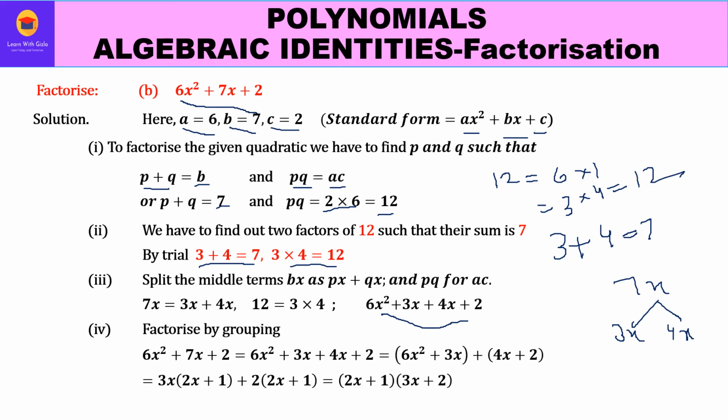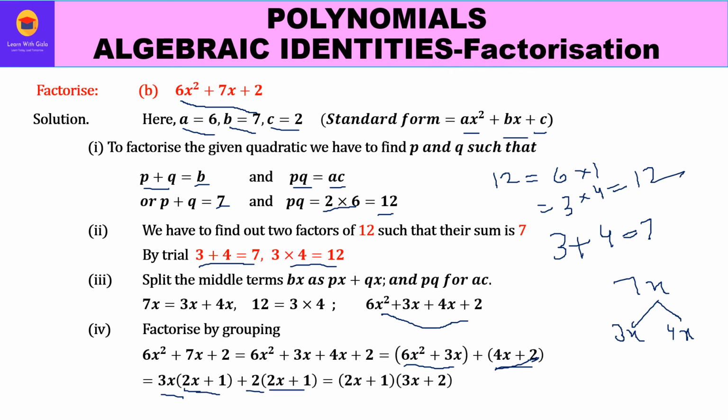So here we have split them, 6x square, 7x is been split, 3x plus 4x plus 2, right? Now group them, make pairs and take x or whatever common is there. Over here 3 is also common, so 3x common. Inside we are left with 2x plus 1, and over here in the next pair we have 2 common and we are left with 2x plus 1.